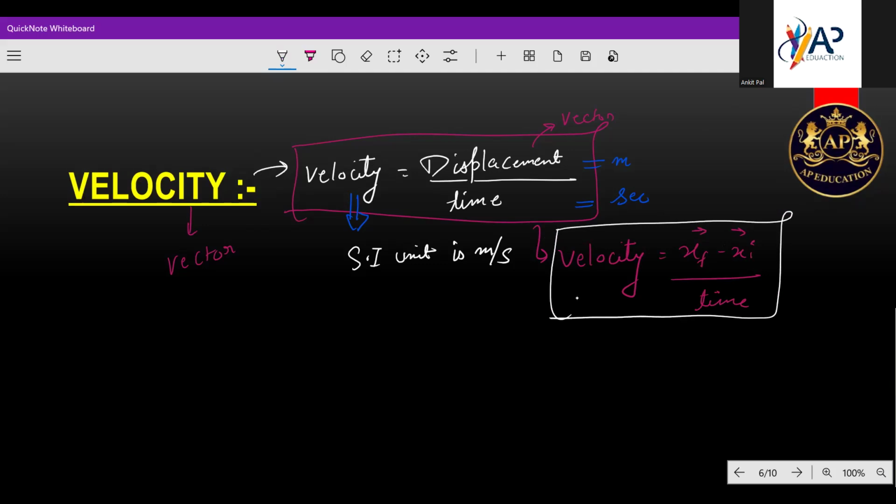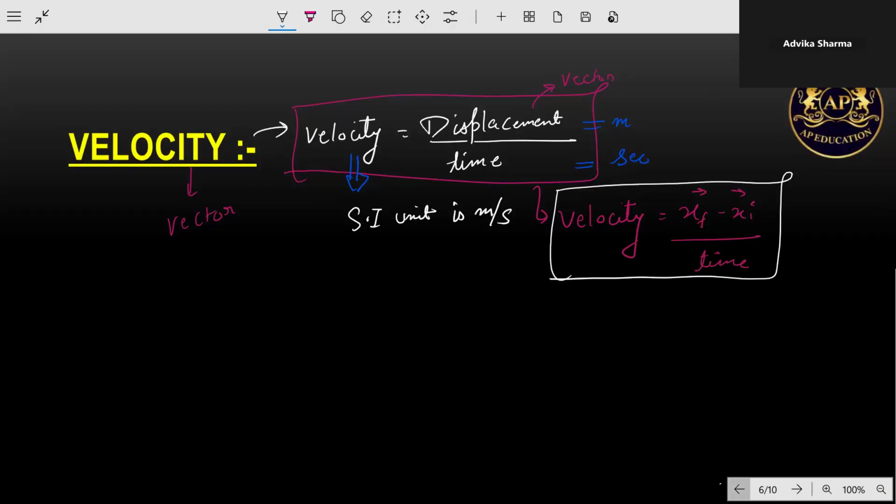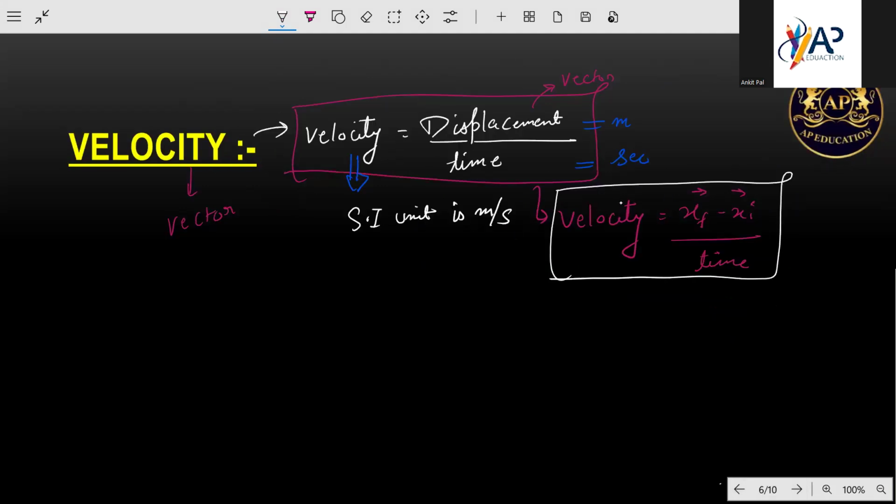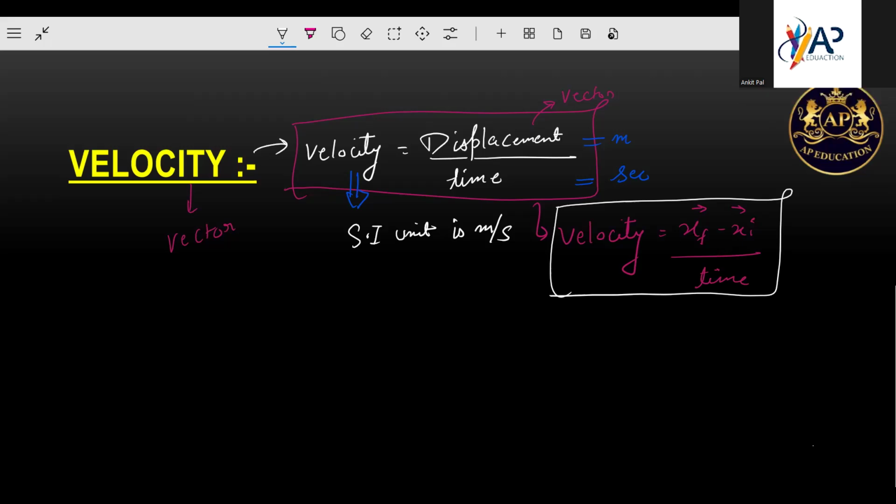Now I think it's clear what is speed and what is velocity, right? Now we discuss types of speed.